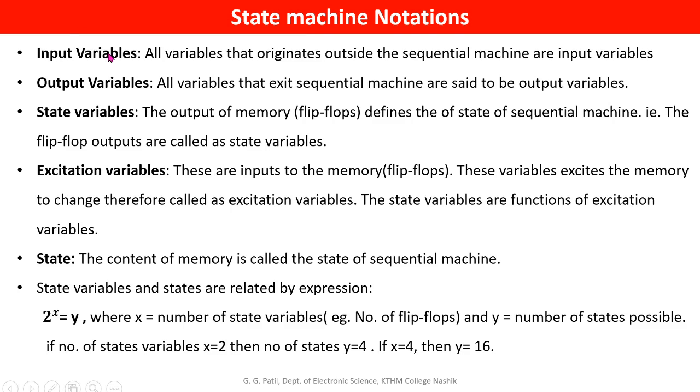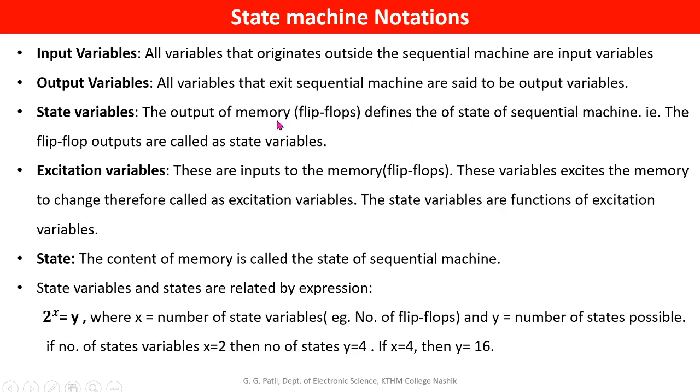First is input variable. All variables that originate outside the sequential machine are input variables. Then the output variables. The variables that exit the sequential machine are said to be output variables. Then the state variables.